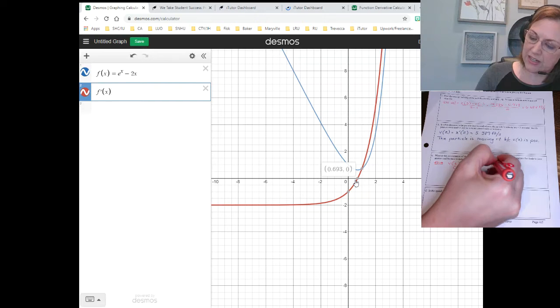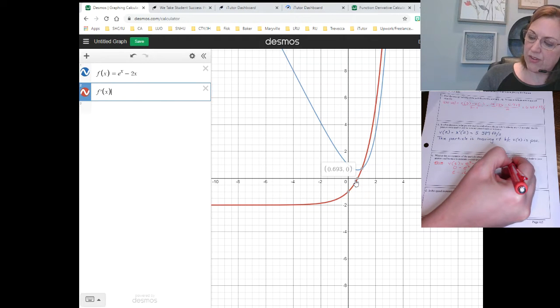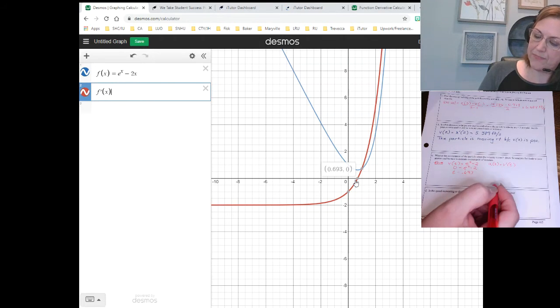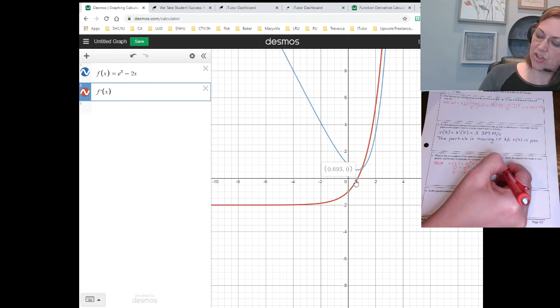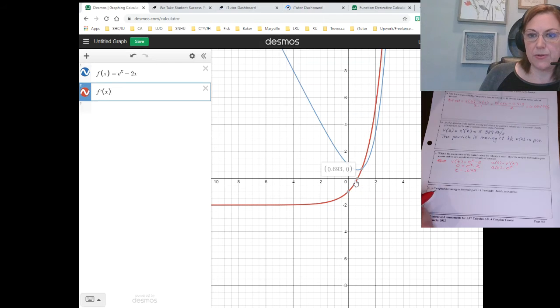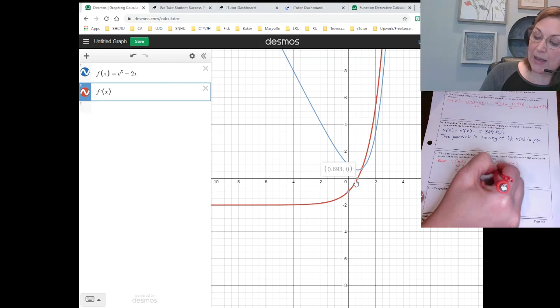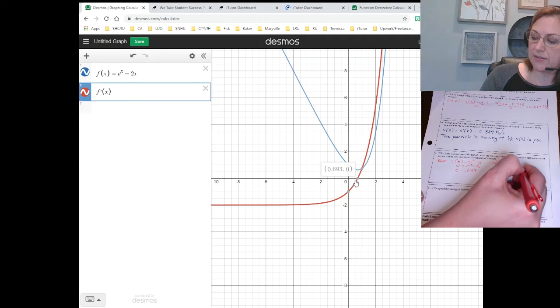So we know that the acceleration is the derivative of the velocity. And so we have that the acceleration is just e to the t. And again, I'm showing this because it asked me to show my analysis.